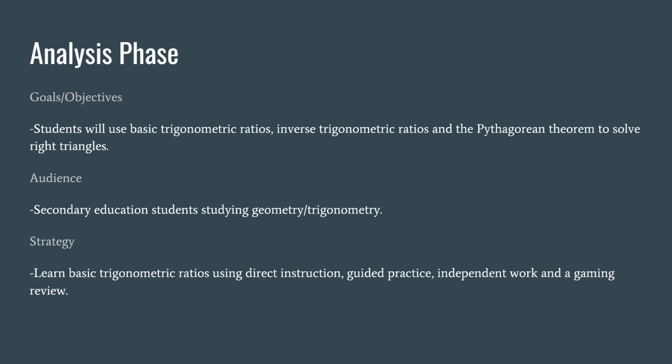Our target audience, once again, was secondary education students, mostly those studying geometry, geotrig, or just straight trigonometry. The strategies that we were going to use to teach the trig ratios were direct instruction, guided practice, independent work, and having a collaborative gaming review.